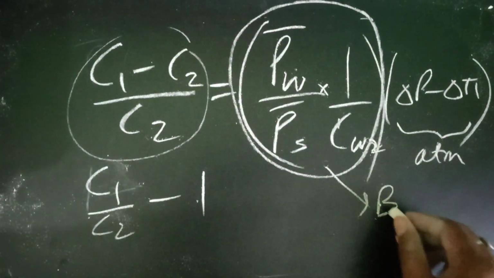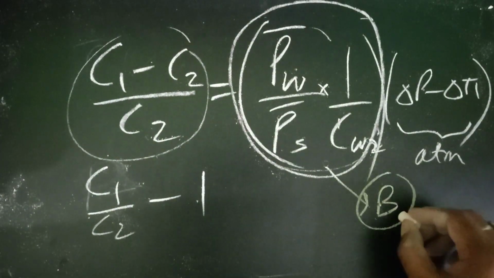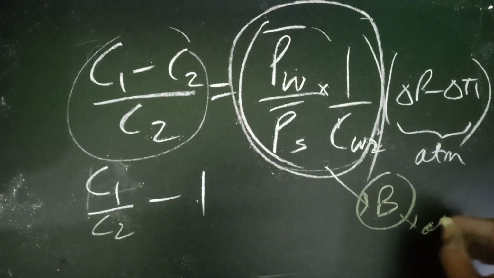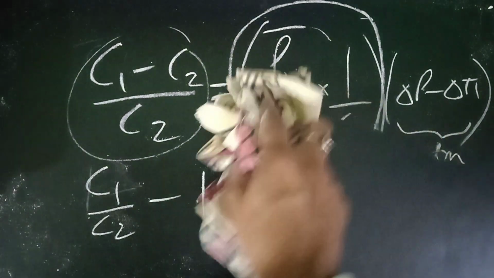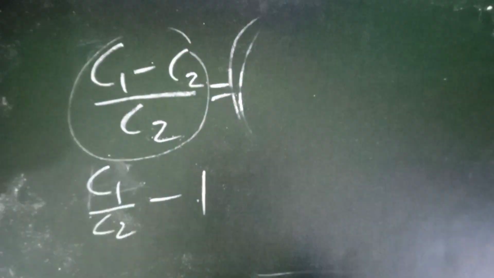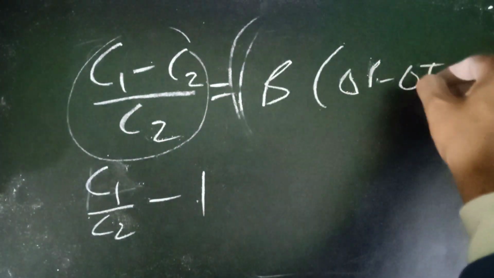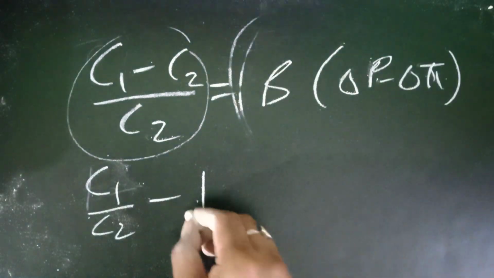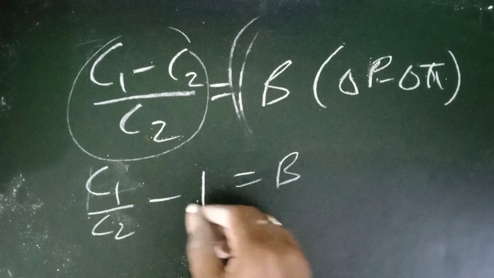So this overall quantity B will have units of atm inverse. Let's change things over here. This is our B into delta P minus delta pi, and this is equal to C1 by C2 minus 1.